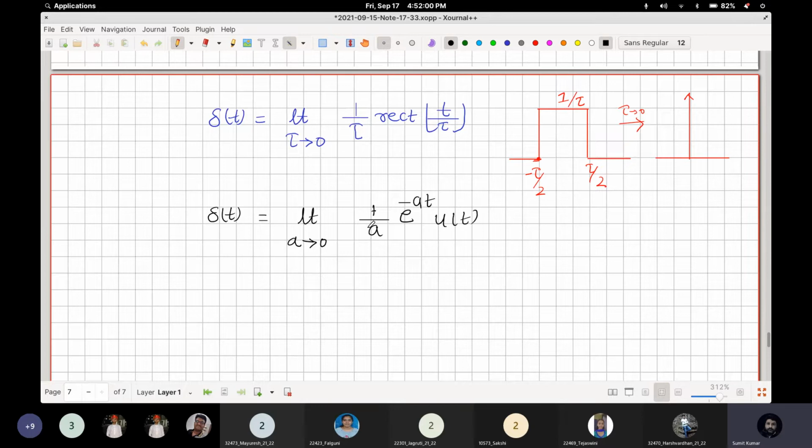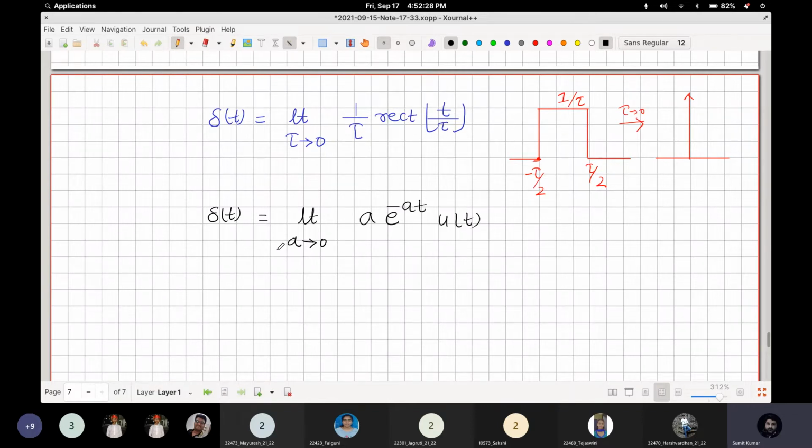Okay, as a tends to 0, you know that its area of e to the power minus at ut is equal to how much? 1 upon a, isn't it? Okay, sorry, I should have defined it a bit more carefully. Let me define it like this: a e to the power minus at ut.